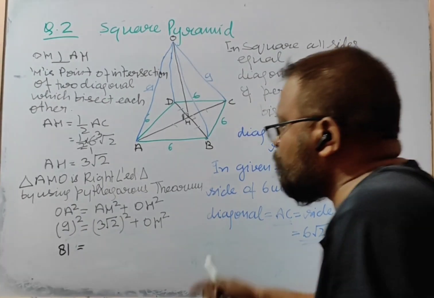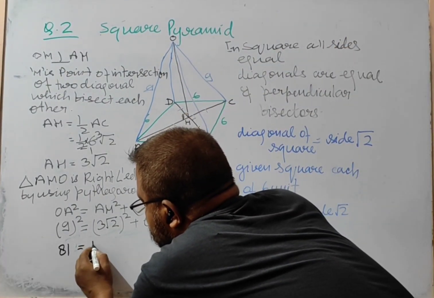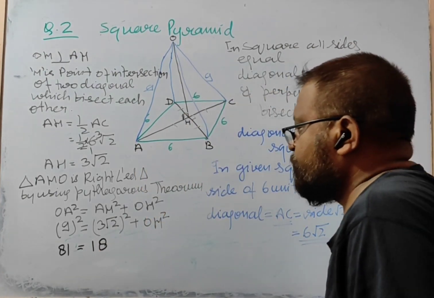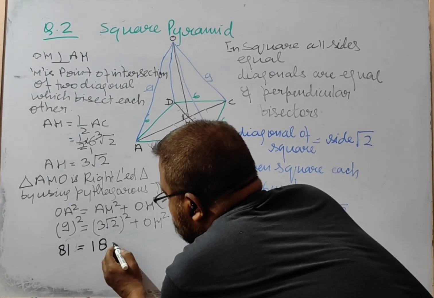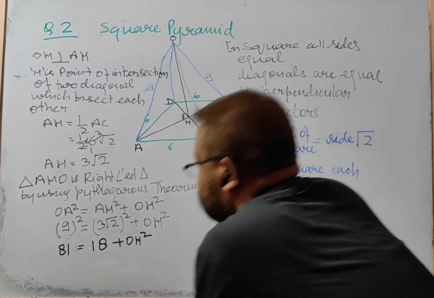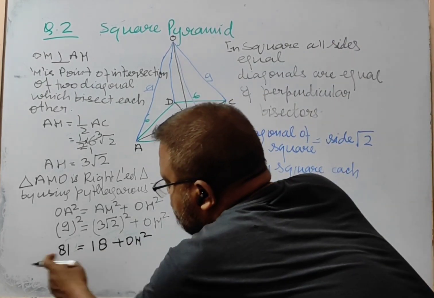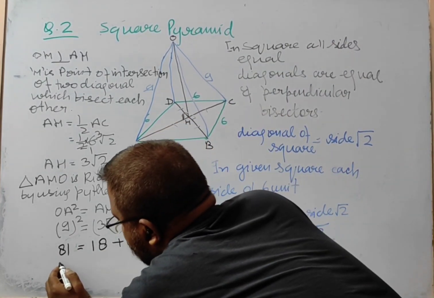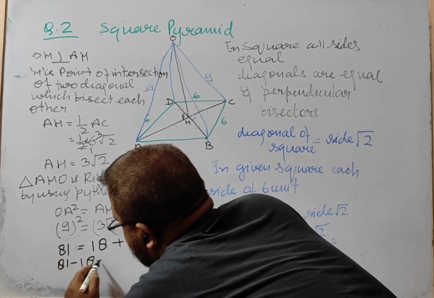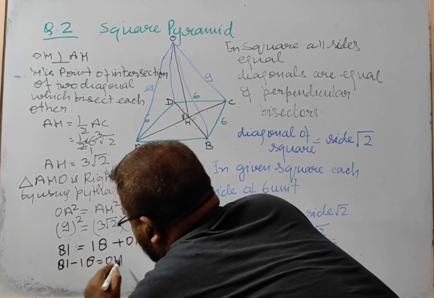So 9 into 2 becomes 18. Plus OH square. Now you bring this 18 to the other side of the equals, so it becomes 81 minus 18 is equal to OH square.